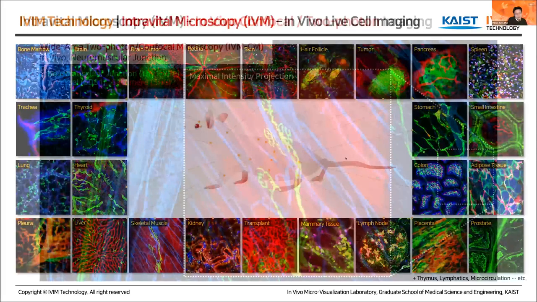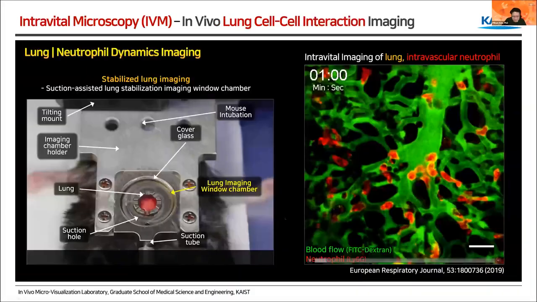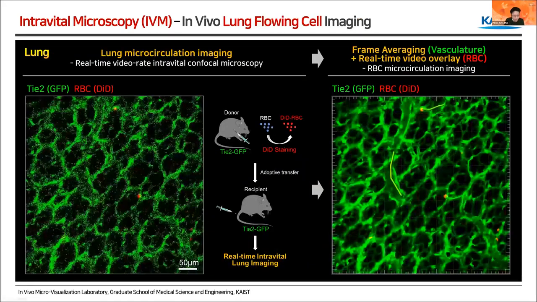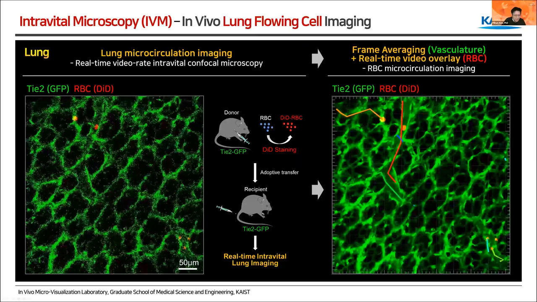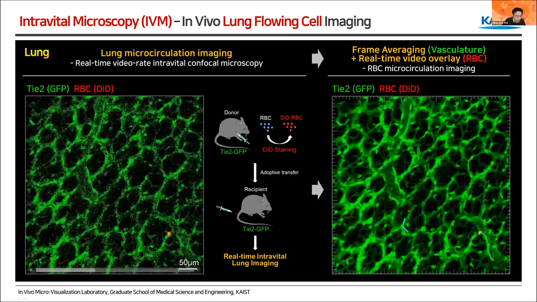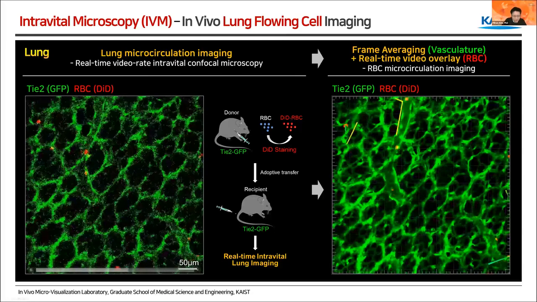Okay, from now on, I'd like to show you several examples of live imaging data obtained from different organs in live mouse models. This is the lung, which I already explained. In the lung, since we can do video rate imaging, we can take this kind of real-time data of RBC flows in the capillaries of the lung using a transgenic mouse model.